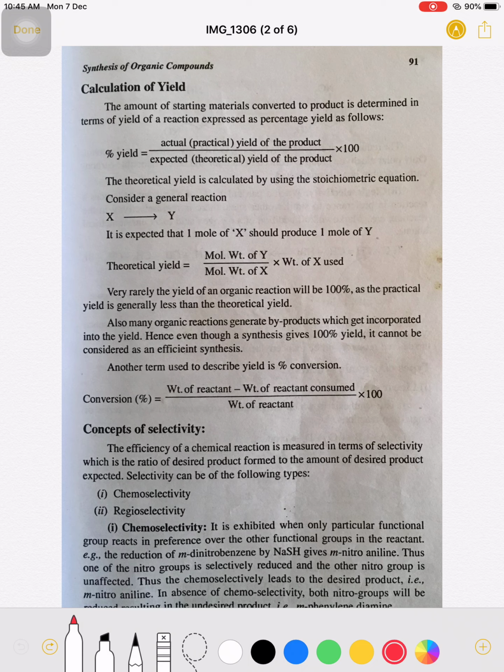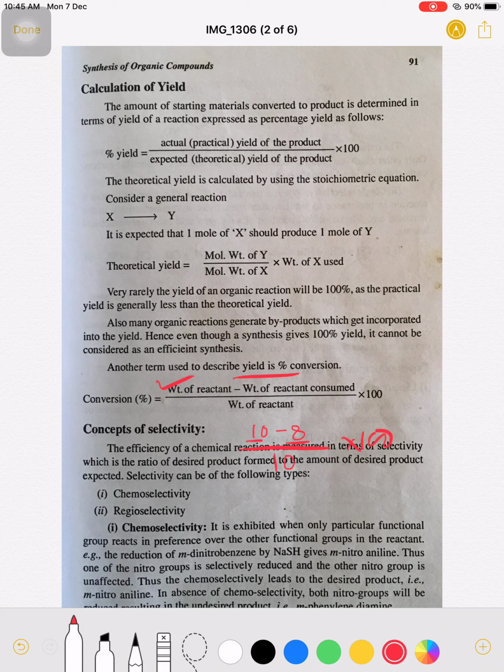Another term by which we can calculate the yield in percentage: the weight of reactant minus the weight of reactant consumed. Suppose 10 grams of reactant is used initially, and out of that only 8 grams of reactant is consumed, divided by the weight of reactant, that is 10, into 100%.